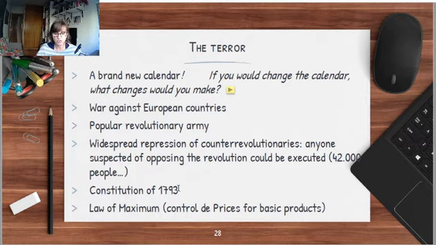There is the new constitution that establishes the republic, and they also establish some laws to improve people's quality of life, for example the law of the maximum, with price controls for basic products.